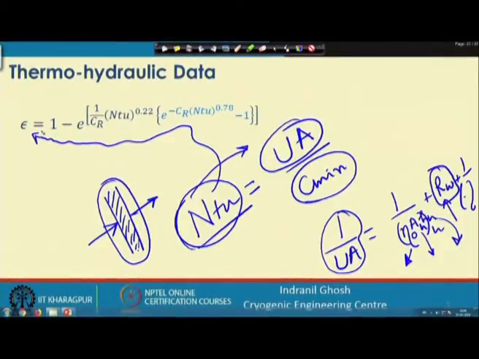So, our basic aim now is to estimate the NTU. To calculate the NTU, we need to find UA, and to find UA we need eta 0, HH, and also the heat transfer surface area. For that we need to go systematically one by one.